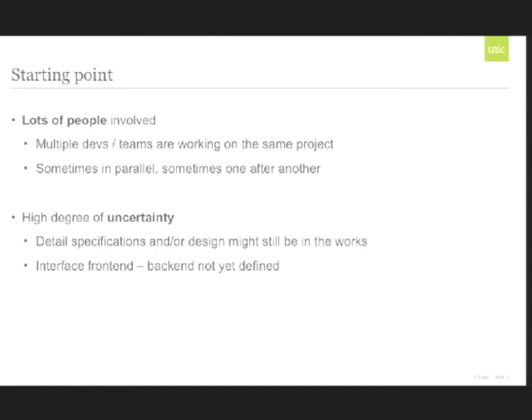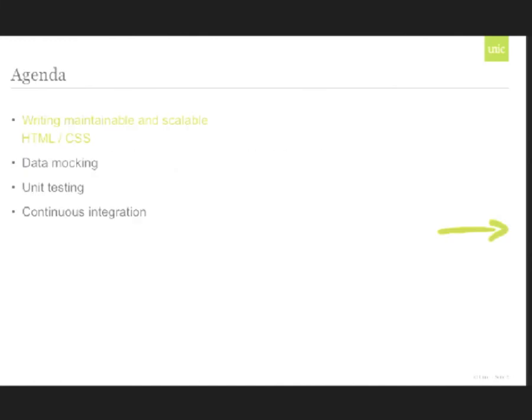So when I started, I had no idea what the whole site was going to look like. I didn't know if the element I saw on the landing page would be used on another page as well. So that's one issue. The other one is the interface with the backend. It might not be specified yet whether something happens server-side or in the browser. So we have to be aware of all those uncertainties.